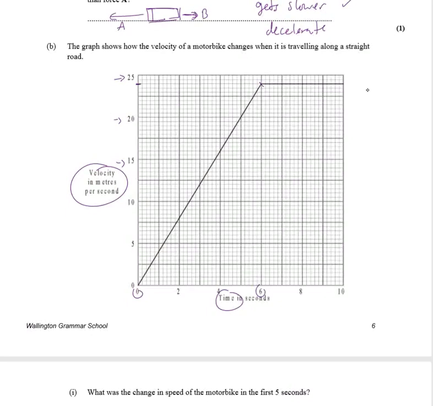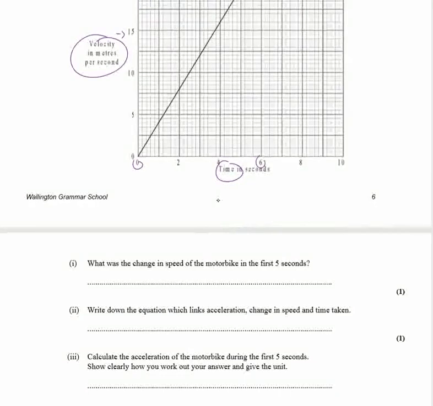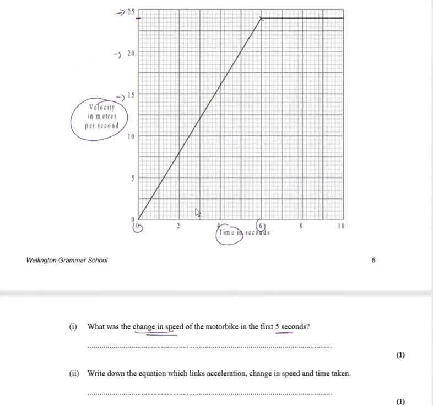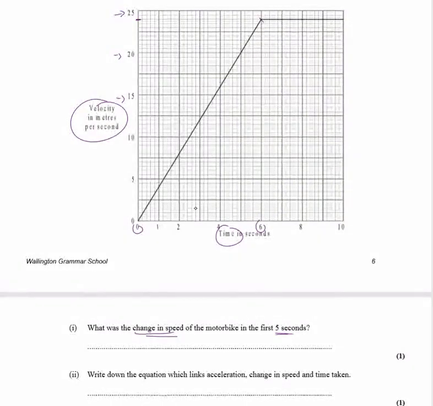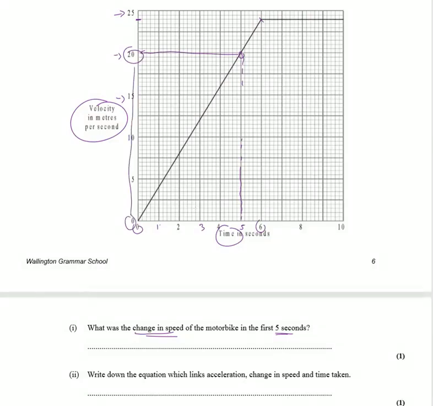Now question 1, what is the change in speed in the first 5 seconds? Let's take a look. 0, 1, 2, 3, 4, 5. 5 seconds, then we go up. Here, so 20. So pretty much in 5 seconds, it goes from 0 all the way to 20.